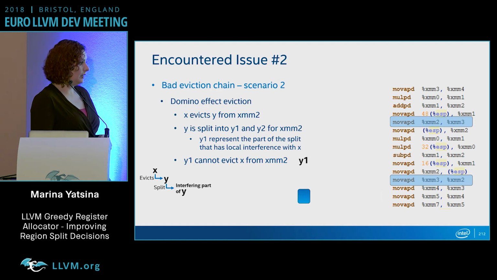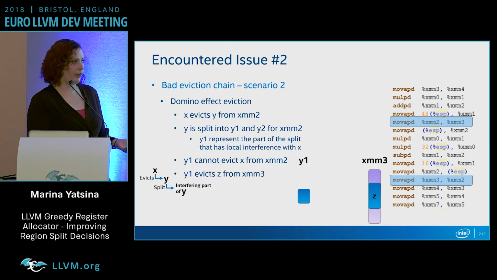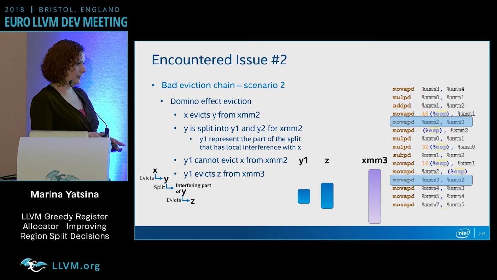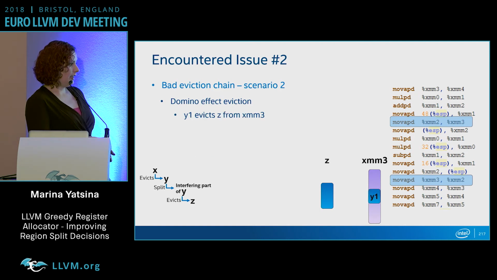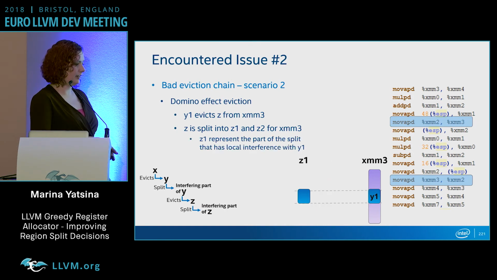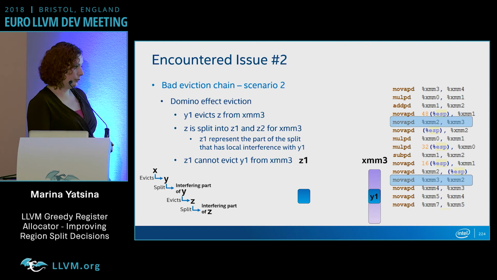But this time, it evicts somebody else from XMM3. It evicts Z. So we can see here the start of the domino effect. X evicts Y, Y is split, the part of Y evicts Z, and then Z is split. The interfering part of Z cannot evict Y, but it evicts somebody else.